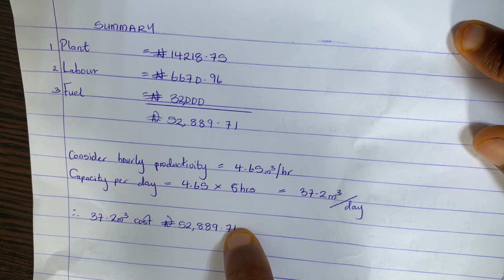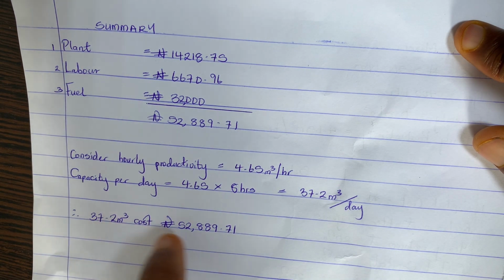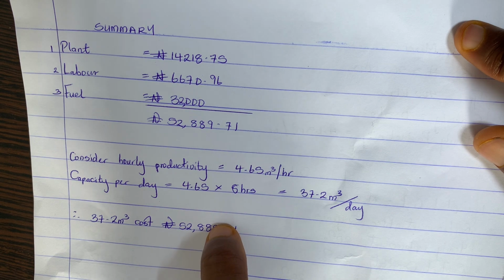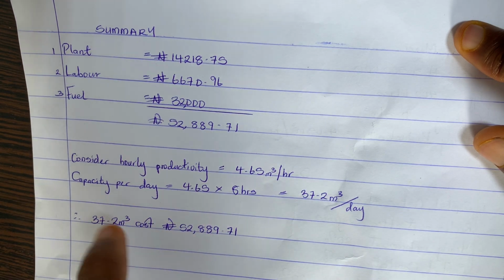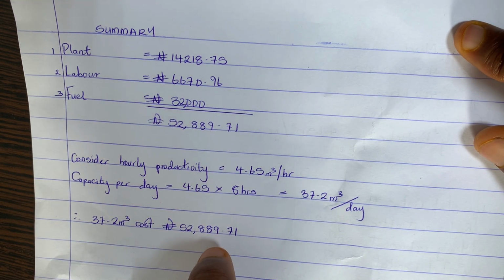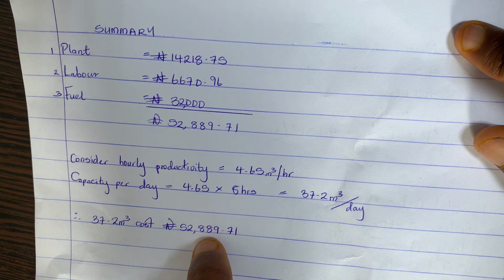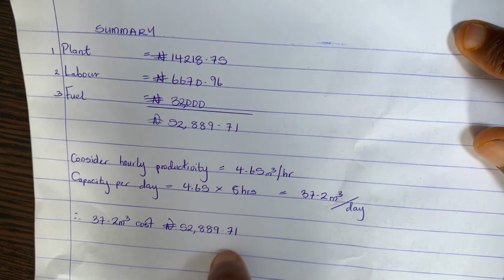So since this is the volume of concrete this concrete mixer can mix in a day, and this is the cost for this volume of concrete, we can now use this information to derive the cost of this concrete mixer to mix 1 meter cube of concrete.